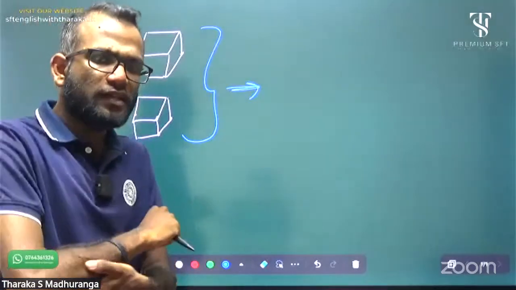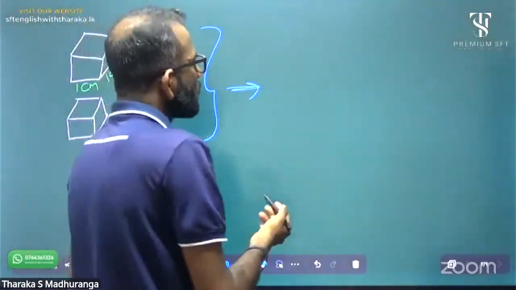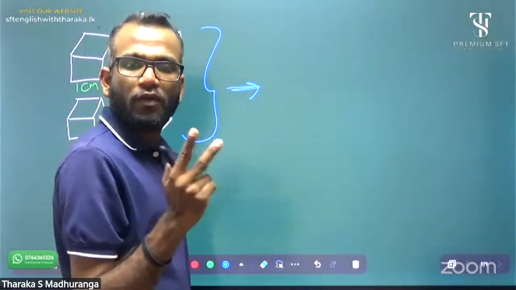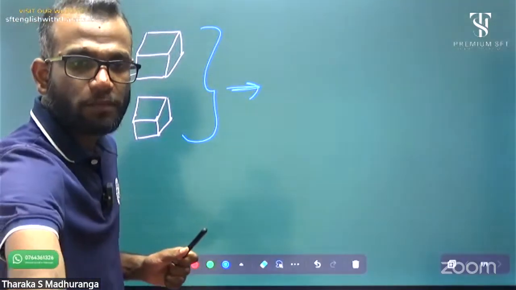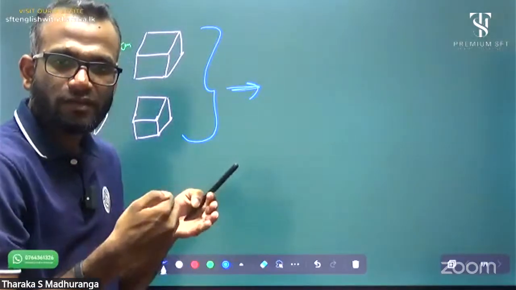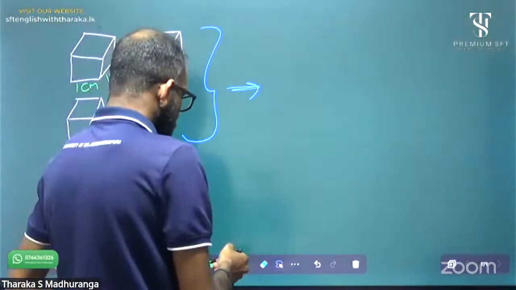No, the resulting object is not a cube. At least 2 sides coincide. Each cube has 2 faces coincide.